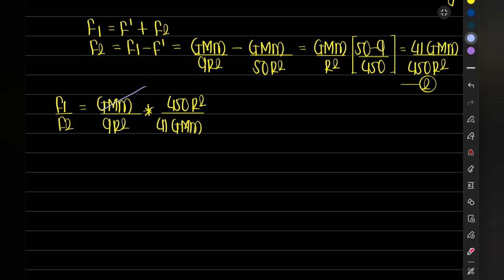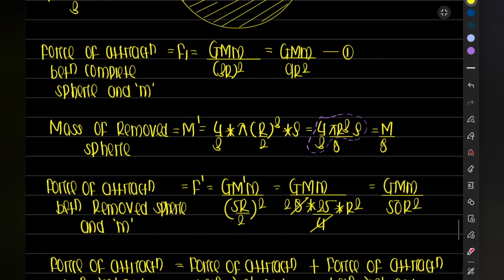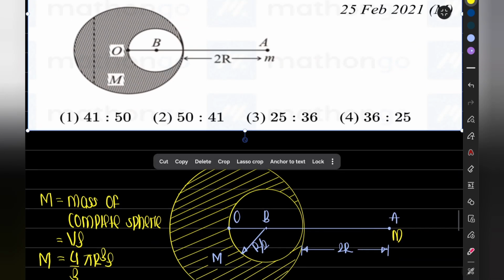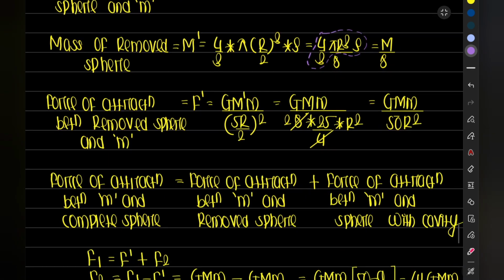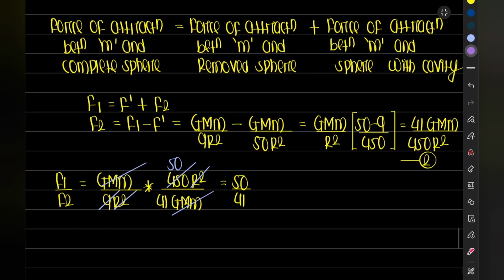Now G capital M small m and r square cancel, and one more thing: 9 ones are and 9 50s are, because 9 5s are 45 into 0. So the final answer will be 50 by 41. Let's check the options. The option with 50 by 41 is option number second, which will be the correct option. Okay, thank you.